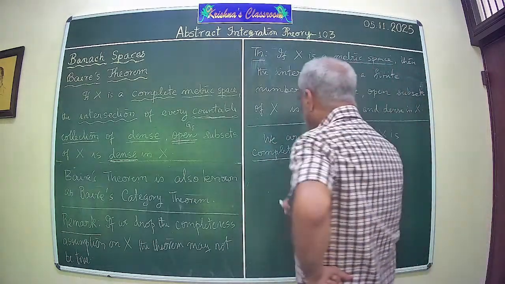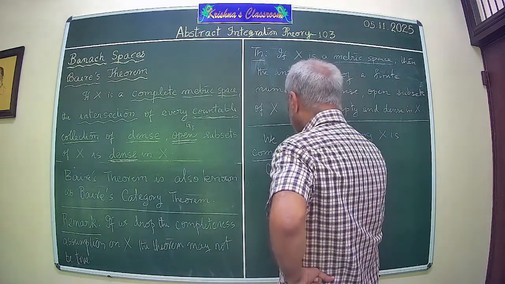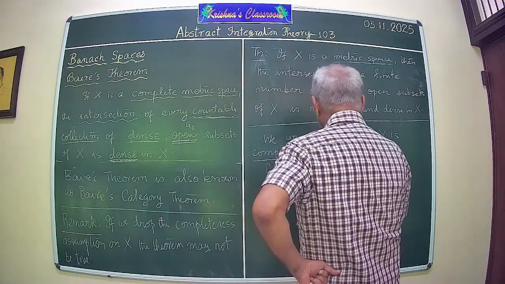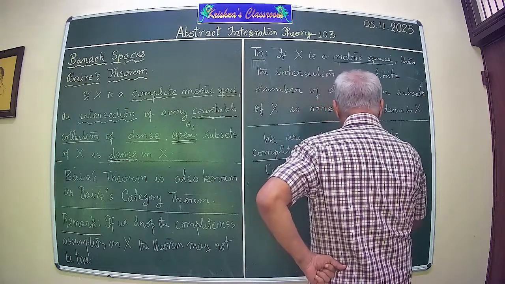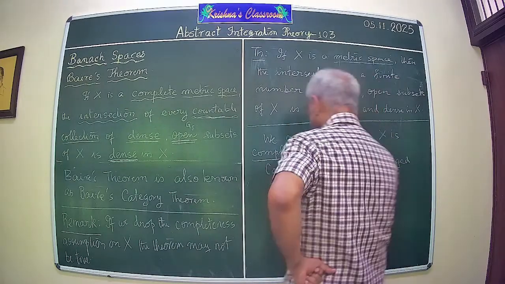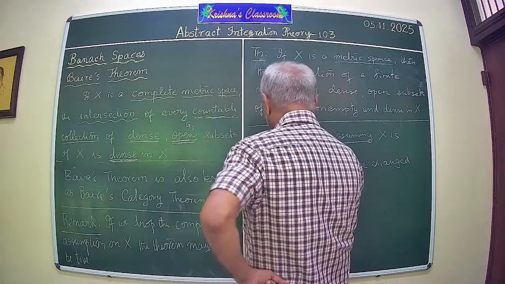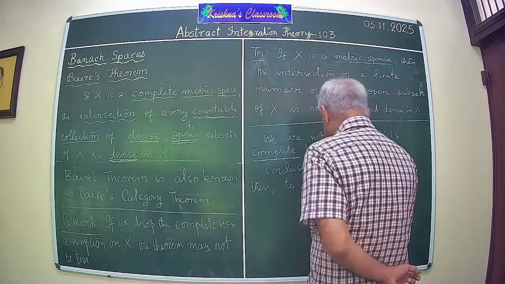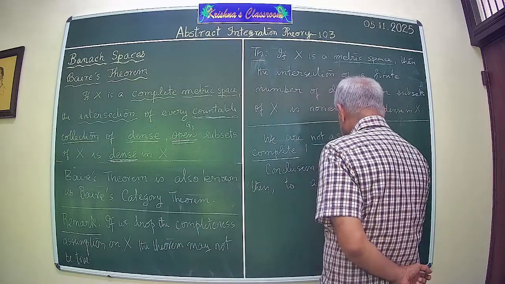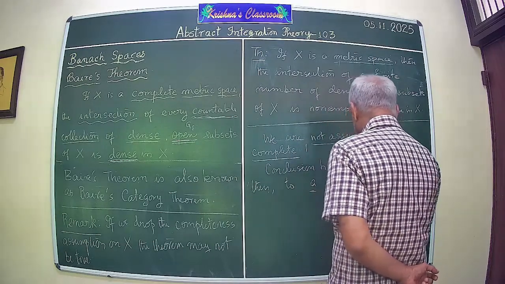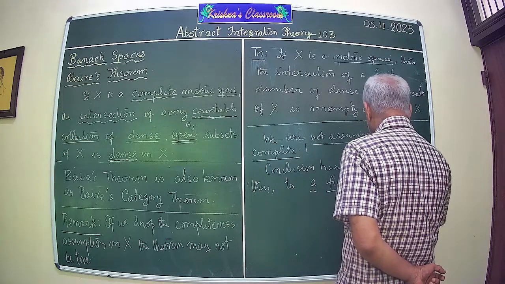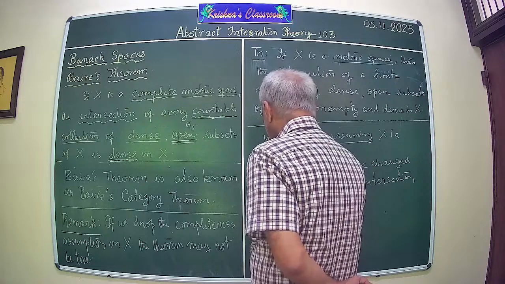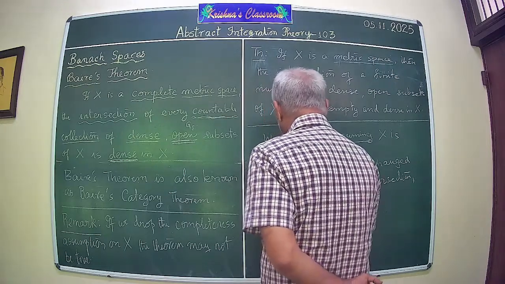So what we can conclude is that the conclusion has to be changed to a finite intersection instead of a countable intersection.